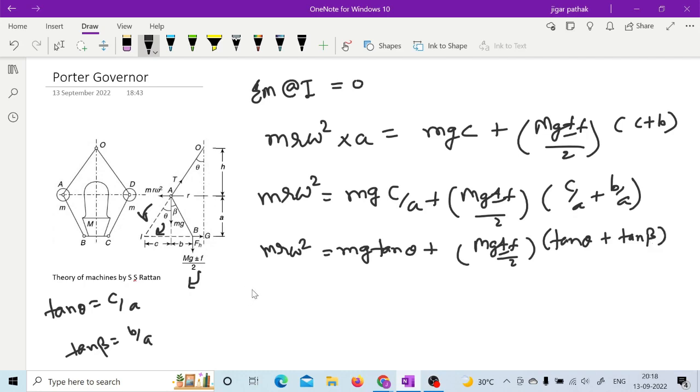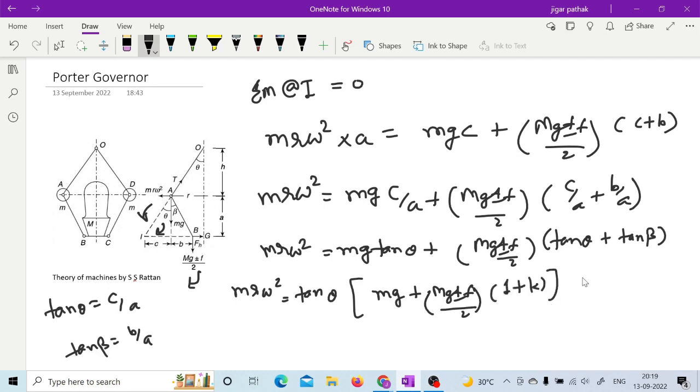Now if you take out the tan theta, then m r omega square is equal to tan theta into mg plus or minus f by 2 in bracket 1 plus k, where k is equal to tan beta by tan theta.